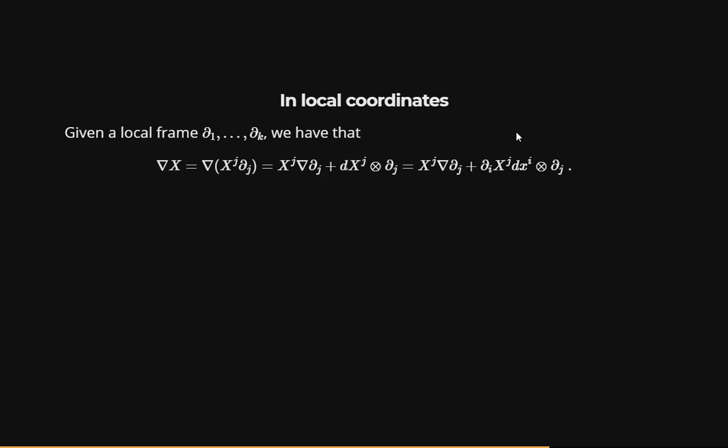So this is the part you expect because this is the Jacobian matrix of X. So this corresponds in our local frame and coframe to a matrix whose entries are the partial derivatives of the coordinates of X. So it's the Jacobian matrix in our local coordinates. The weird part is this one. But if you look closely, or even not closely, this part does not depend on the derivatives of X. It's a linear function of X. Okay? This depends only on the local frame.